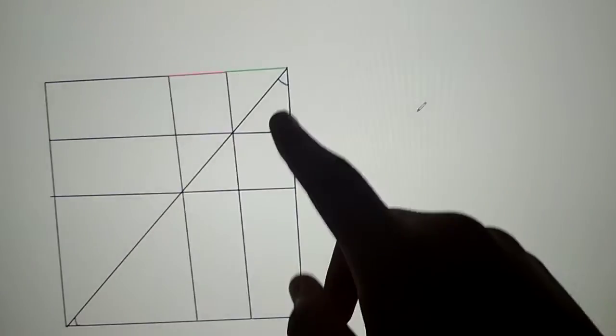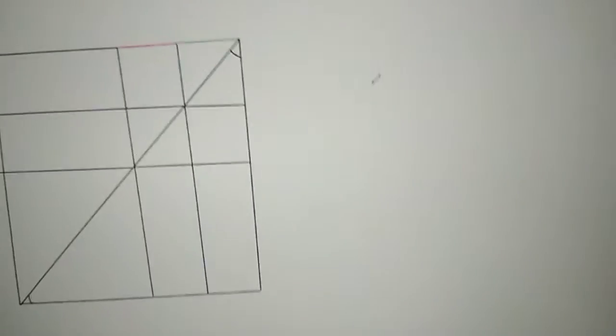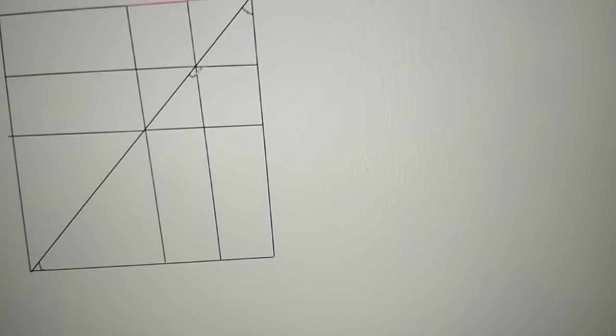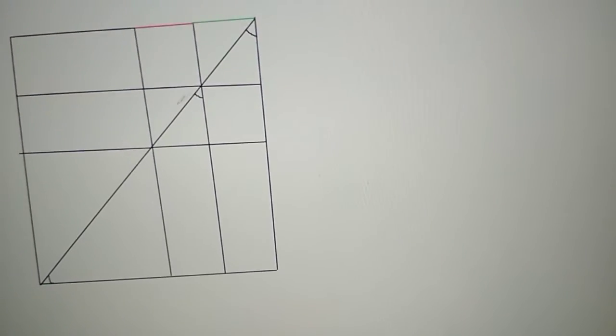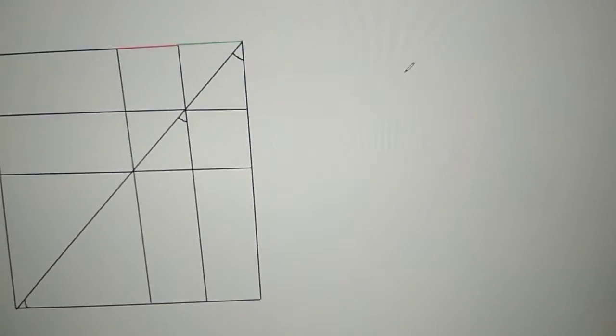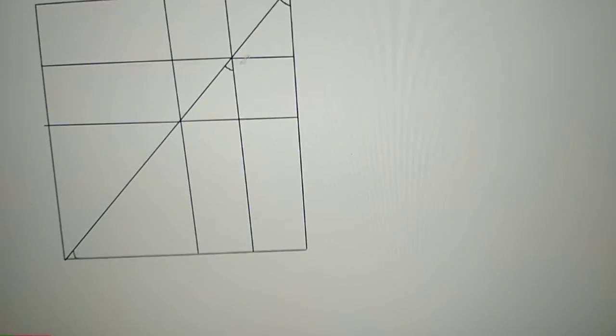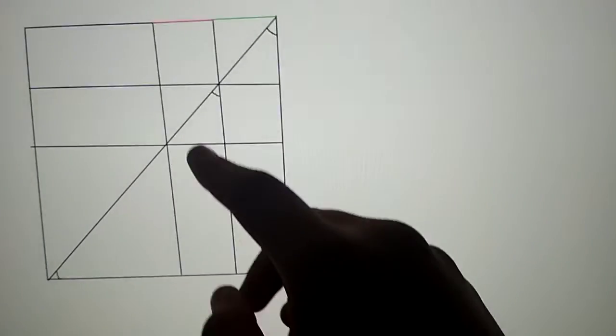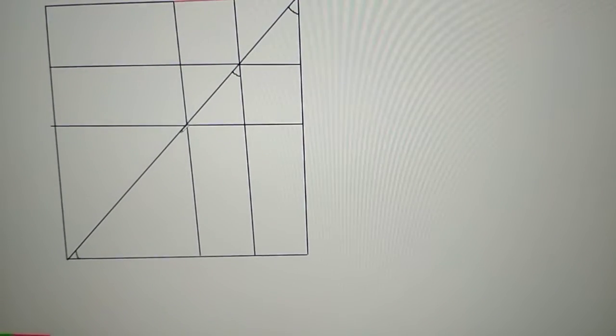And now we know that this is parallel to this, and this line is coming upon these 2 parallel straight lines, creating an interior and opposite exterior angle equal to each other. So this will be equal to this, and the same thing here. This is parallel to this, so this angle is going to be equal to this angle. They're equal.